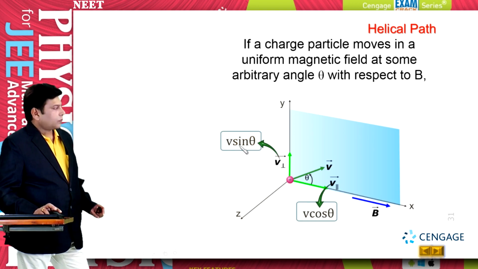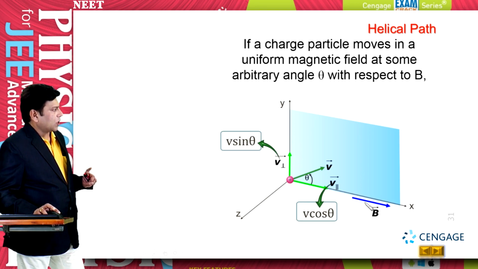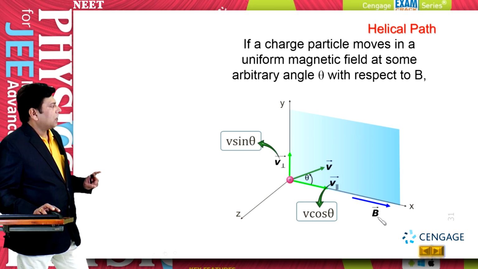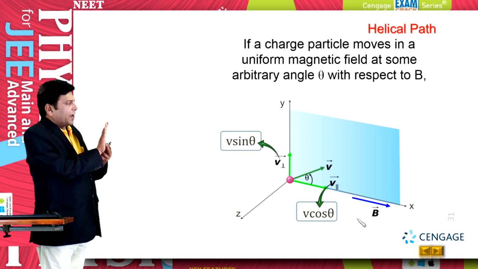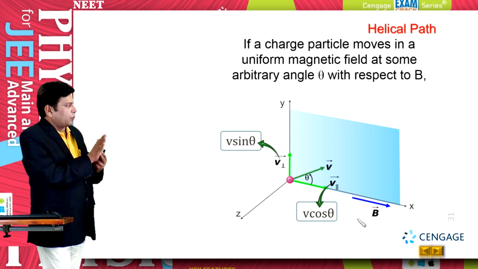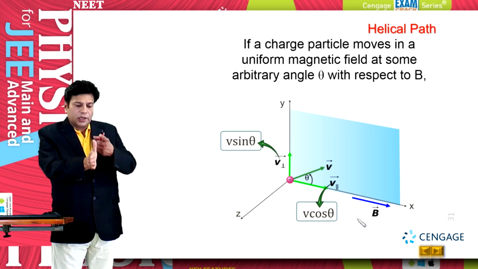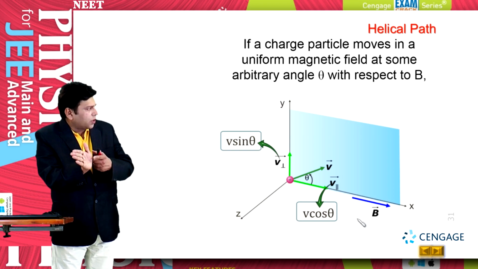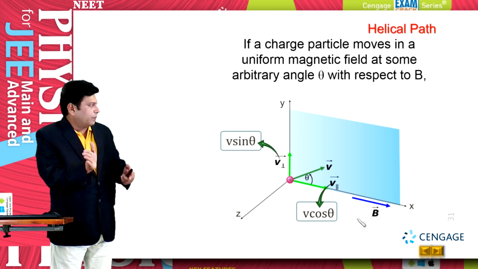Now this component v sin theta, that is v perpendicular, which is perpendicular to the magnetic field, will provide circular motion. If we apply the right palm rule, we stretch the fingers in the direction of the magnetic field, velocity along the thumb direction, and we can observe the force direction is the direction of the palm.